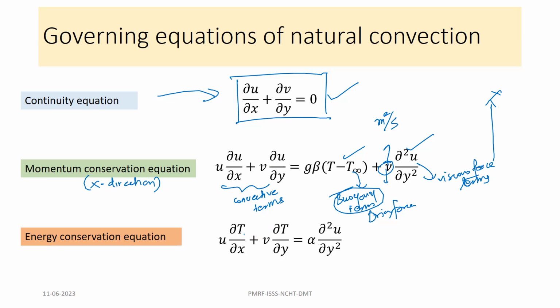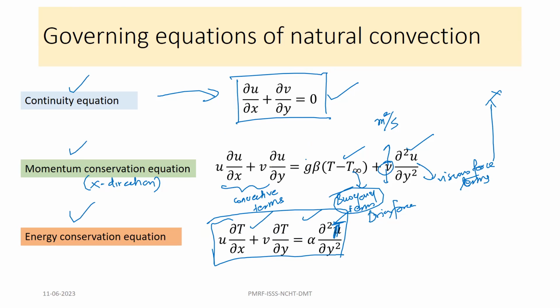Similarly, the energy conservation equation, where this is actually not u, it is T. Just substitute those values and you will get the energy equation also. So these are the three governing equations of natural convection flow.